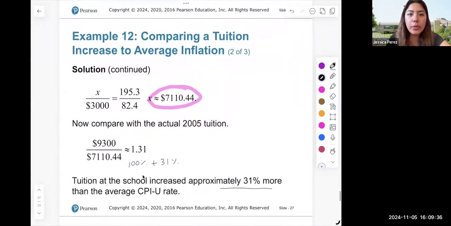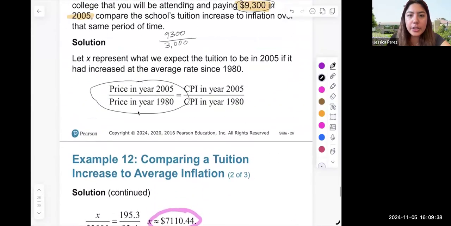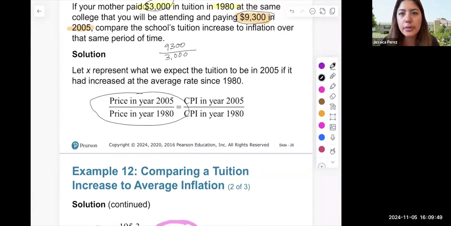So just to review a little bit, making sure you look at the price in 2005 over the price in 1980. So if we take the 9,300 over 3,000, it's going to give you 3.1.